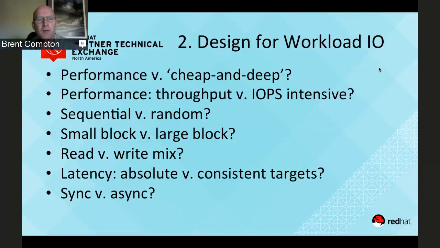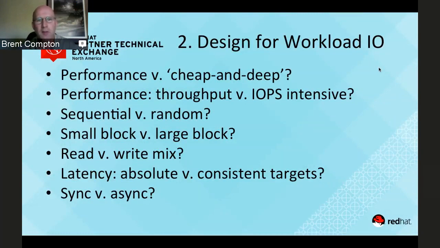So the topmost governing factor that we see is, people designing these Ceph solutions, are they performance oriented or cheap and deep oriented? Cheap and deep being, their overriding interest is cost per capacity, cost per rack density, cost per watt, cost per thermal unit, cheap and deep.